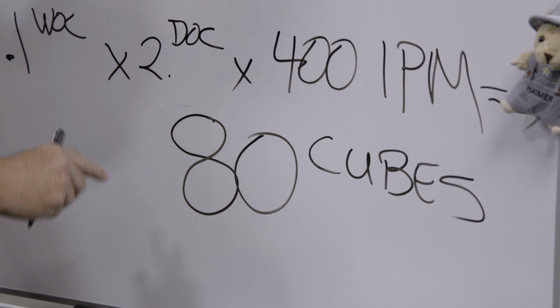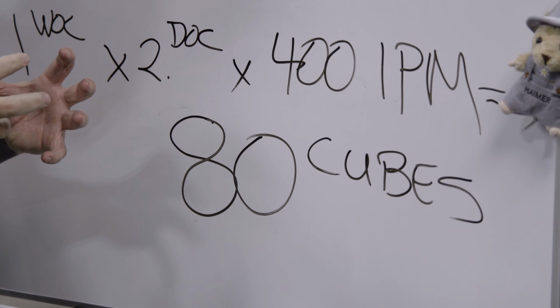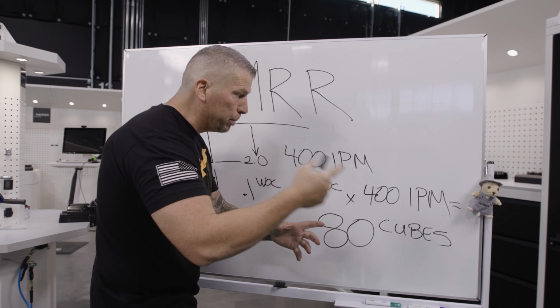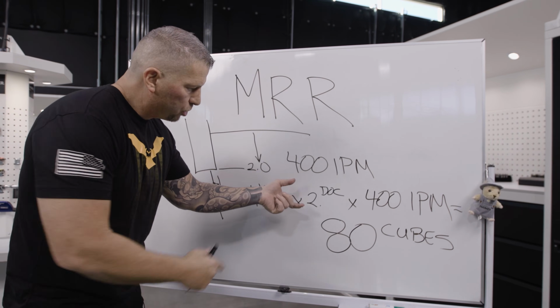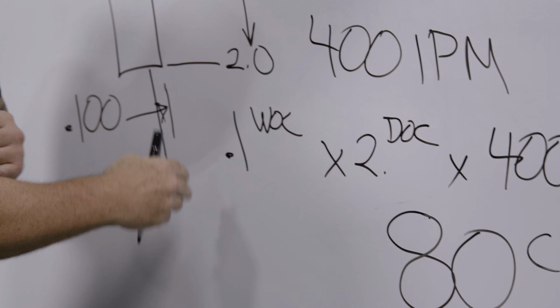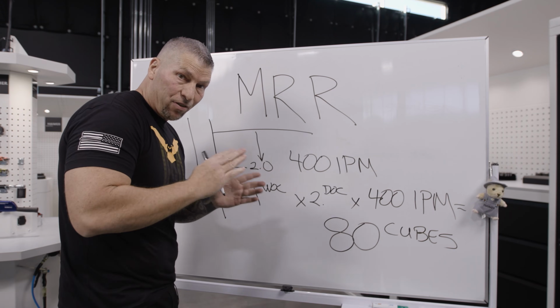So that's 80 cubic inches per minute of material that you remove by going 400 inches a minute with a 2-inch depth of cut, a small radial at 0.1, and that's cooking.